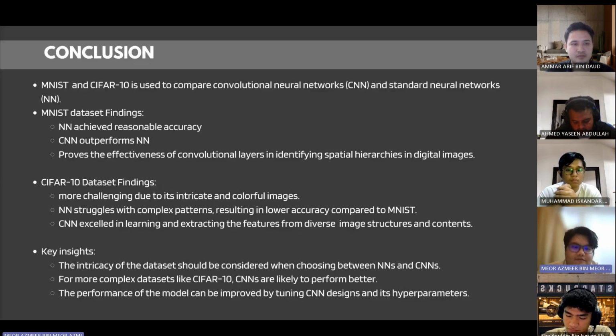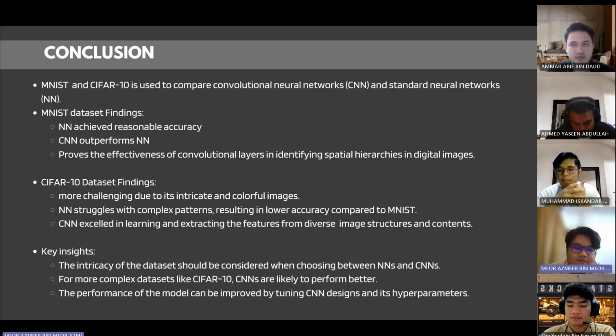The CIFAR-10 dataset is more challenging due to its intricate and colorful images. The neural network struggles with complex patterns, resulting in lower accuracy compared to MNIST, and the convolutional neural network excelled in learning and extracting features from diverse image structures and contents.